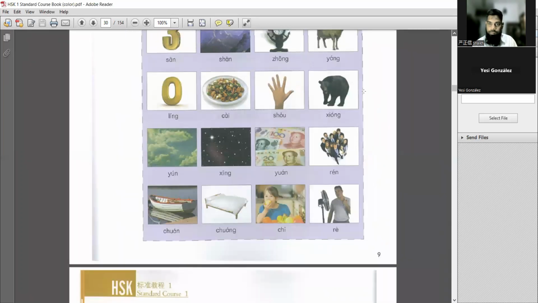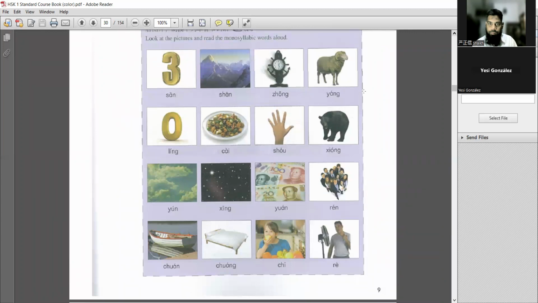Look at the pictures and read the monosyllabic words aloud.